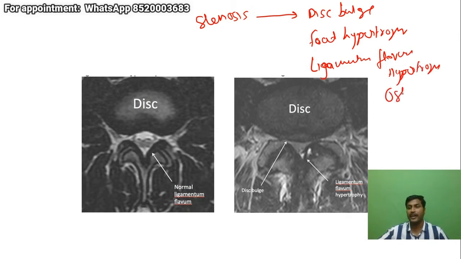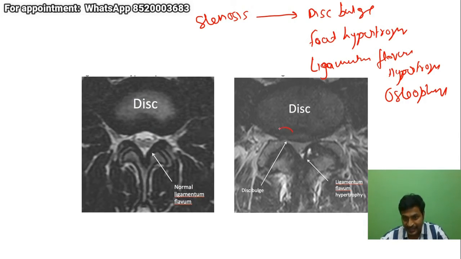Sometimes it may be because of foraminal osteophytes also. Any of these things can cause stenosis. Stenosis causes paresthesias, numbness, motor deficits. So we will have to see whether every patient has central stenosis or the foraminal stenosis.